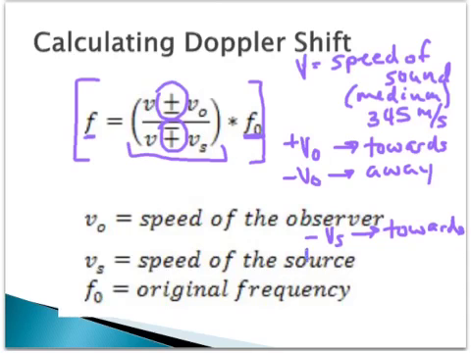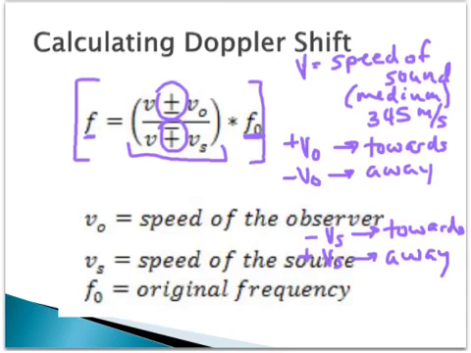And opposite to that, positive Vs would represent moving away. Again, think mathematically: V plus Vs will give you a larger denominator, which would make this factor smaller, which would make the observed frequency smaller. If the source is moving away from the observer, you should be getting a smaller frequency.